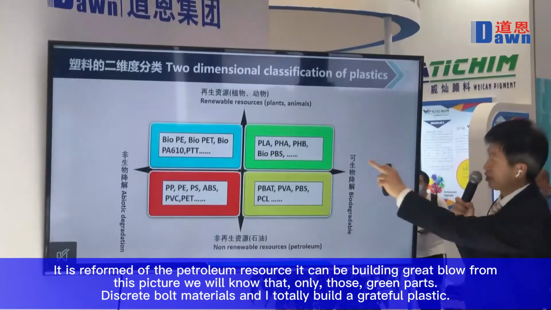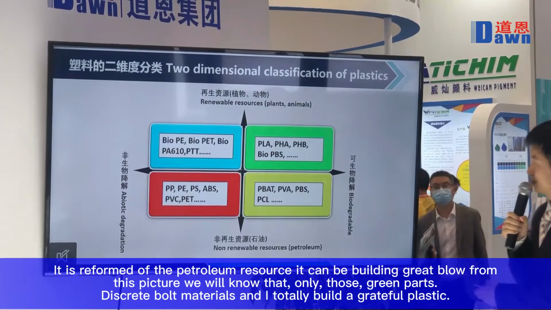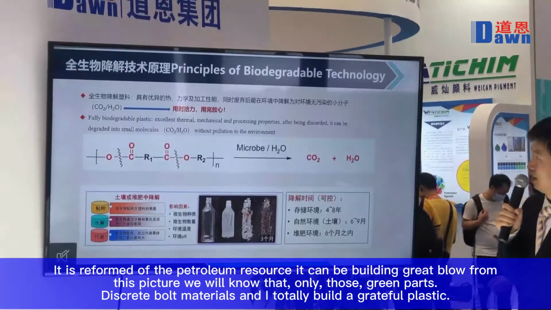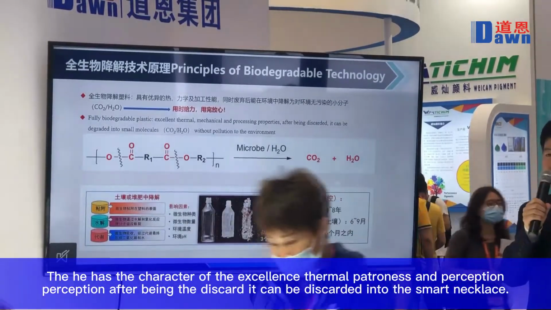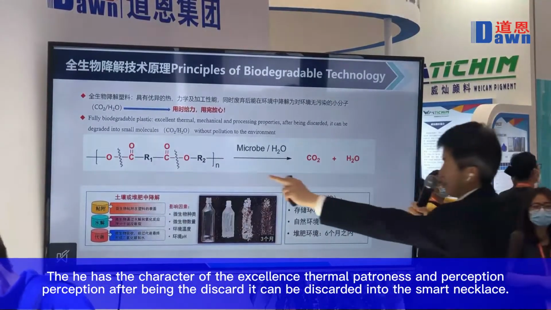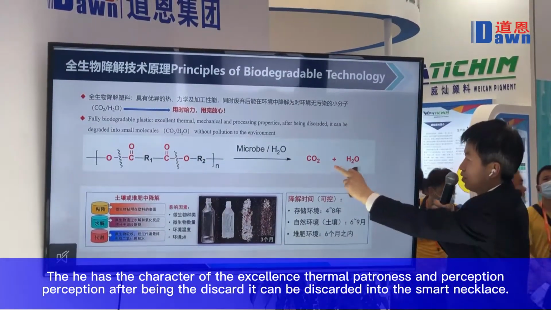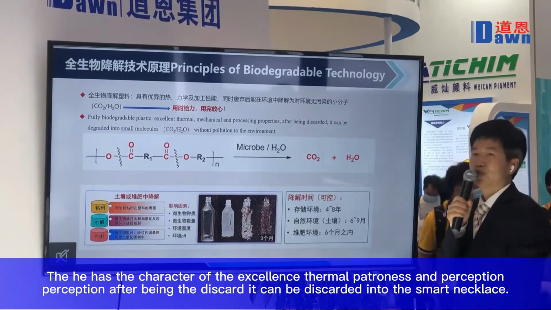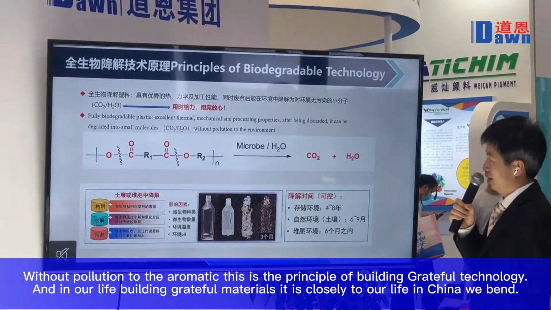From this picture, we know that only the green part is a totally biodegradable plastic. It has the characteristics of excellent thermal performance and precision. After being discarded, it can be decomposed into small molecules without pollution to the environment.